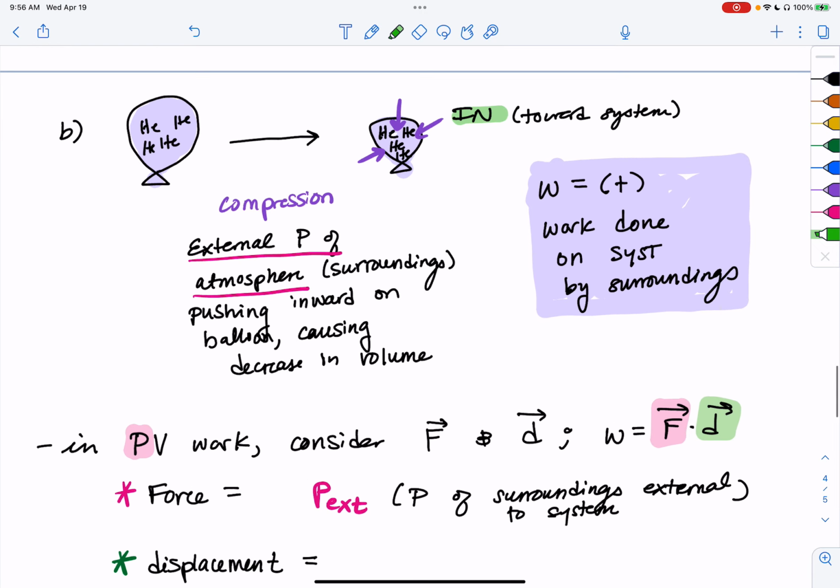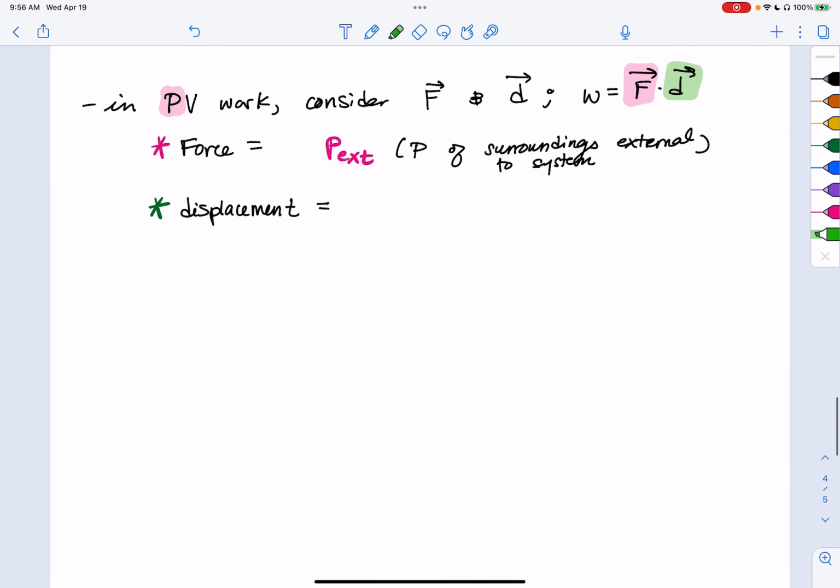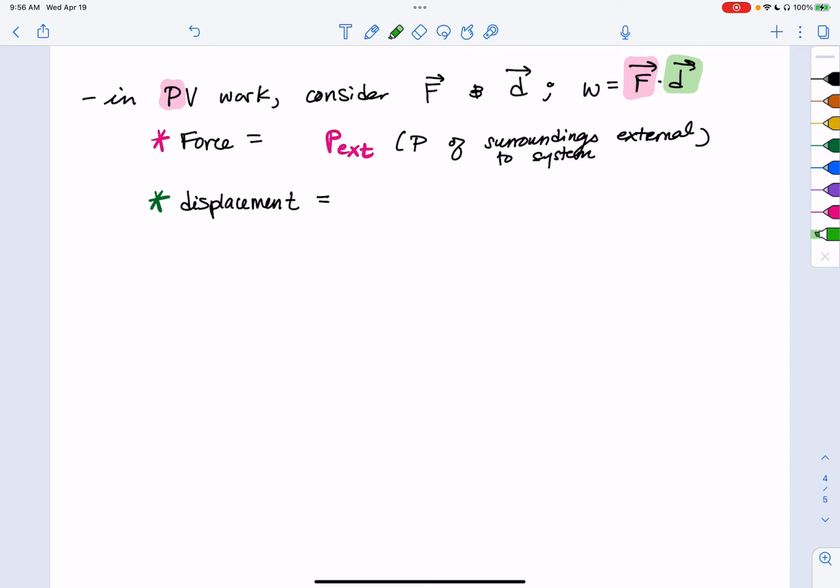So we know intrinsically that the displacement is going to be substituted by how much our volume changed. How much we moved outward by expanding or how much we were compressed inward by compression is going to be expressed by our change in volume. So displacement, or change in position, is really going to be change in volume of our system.